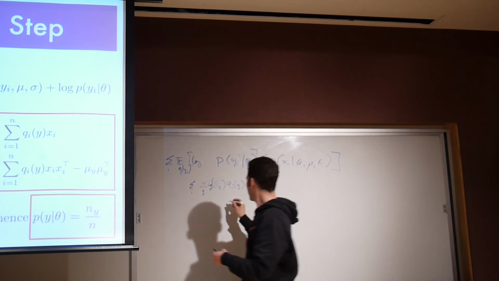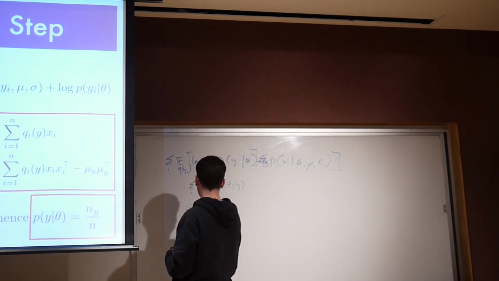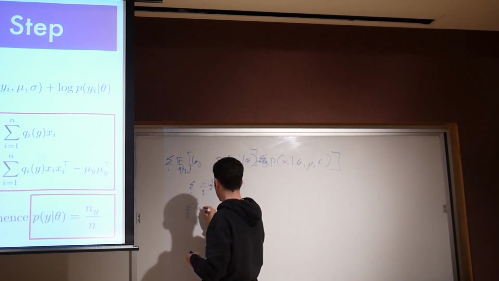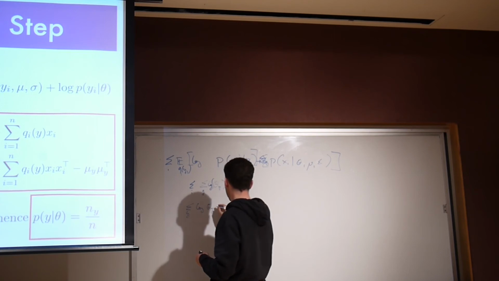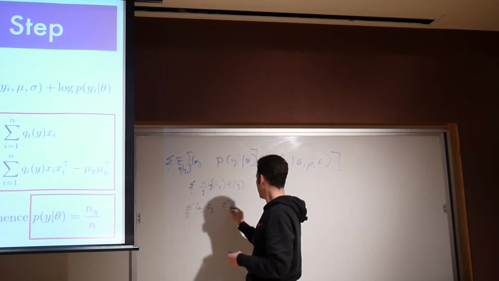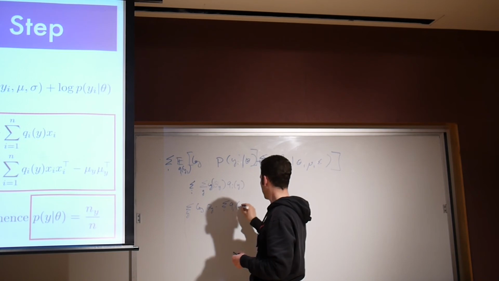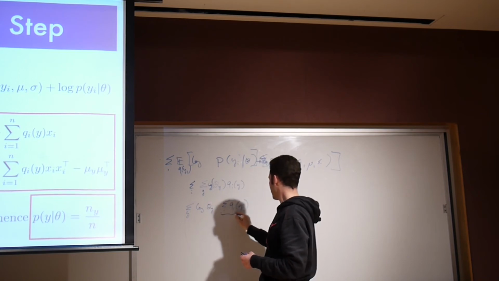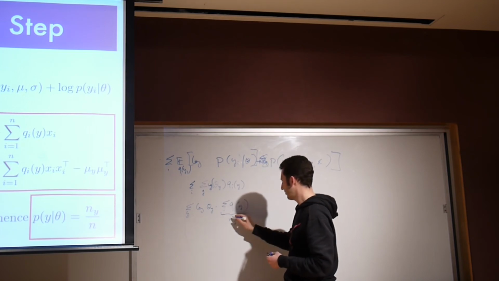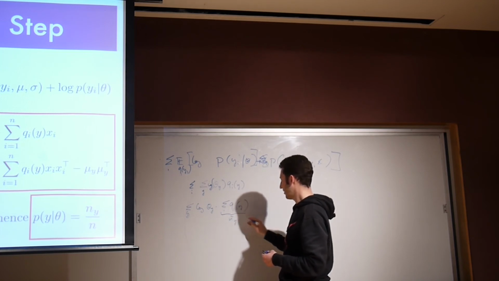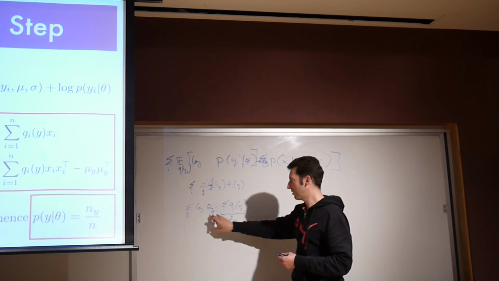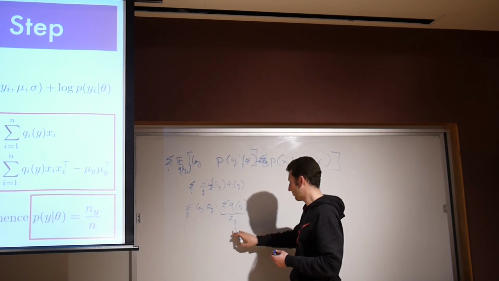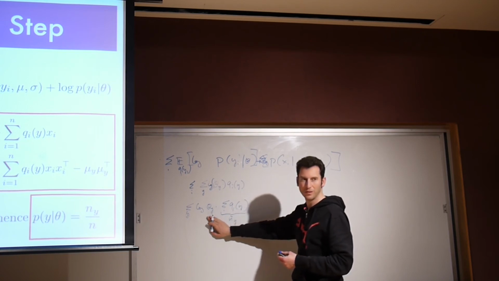So what we get is the sum over all the y's of log theta y times the sum over all the i's of qi of y. I'm just going to call these terms n tilde y. And these are the ones that I'm going to use as fractions to estimate theta y.